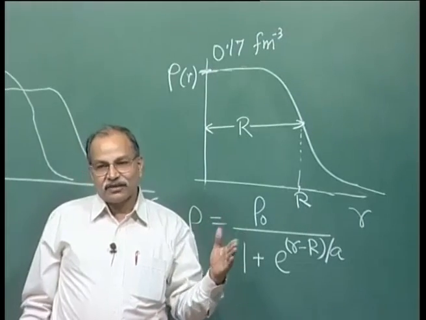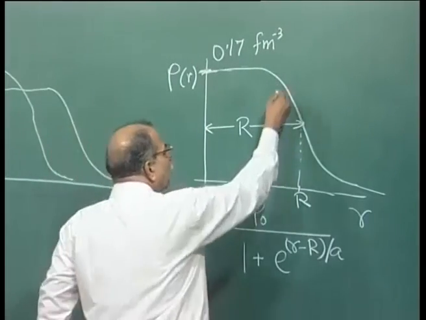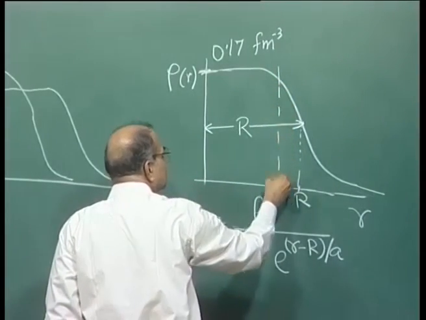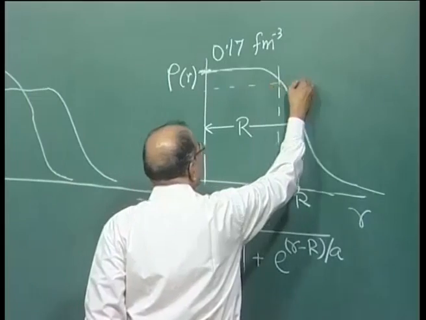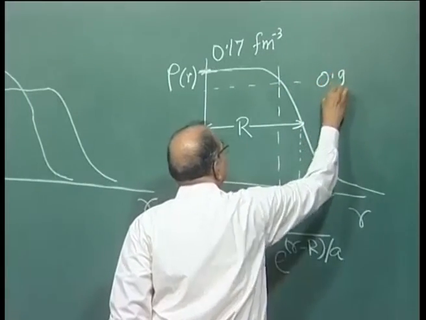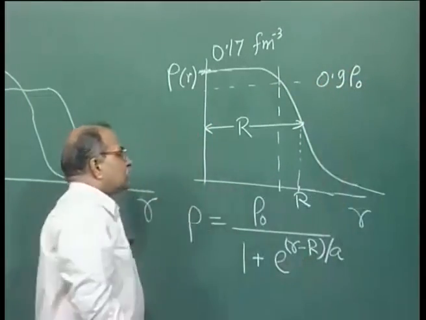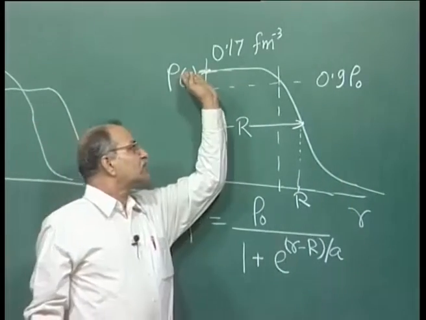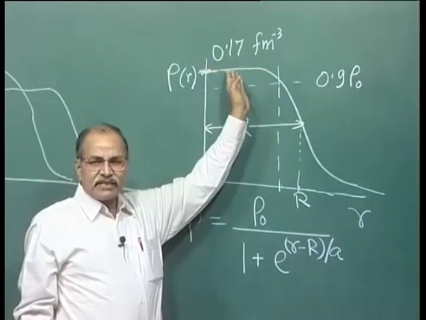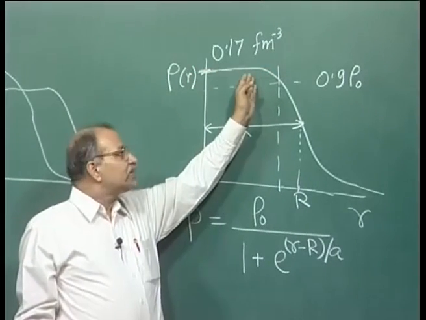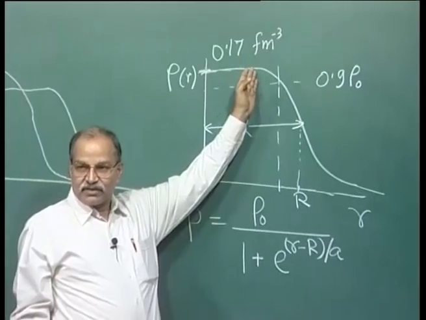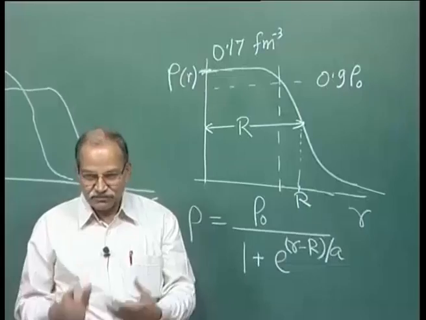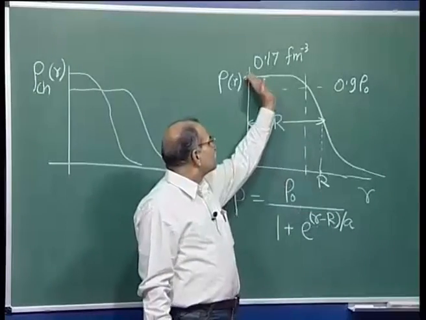If you take 2 points, one point here where the density has become about 0.9 of rho naught, so a 10% decrease, that is one point. This is also not exactly constant, some slight variation is there. In fact, experimentally there are more variations, because the nucleus is not very smooth inside, there are many zigzags, but roughly.